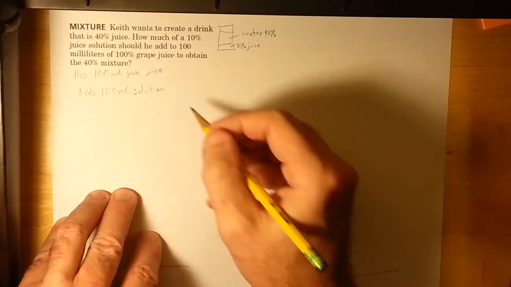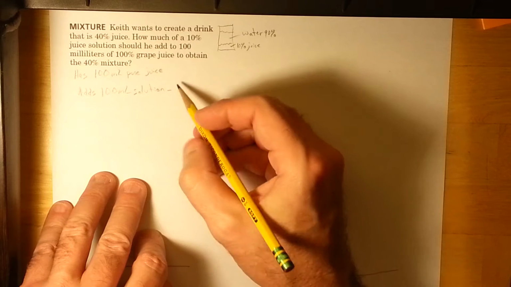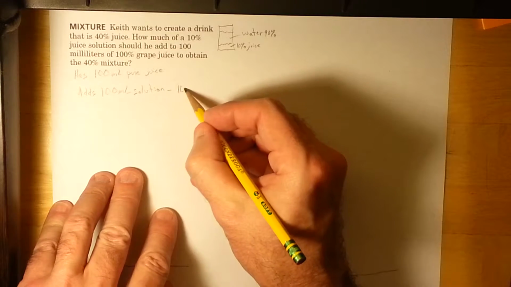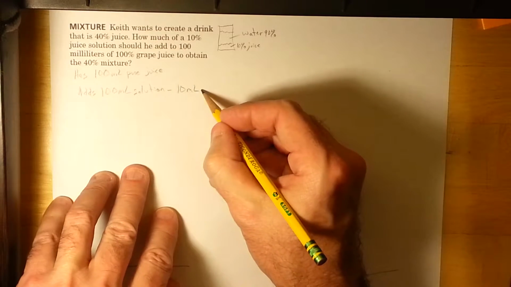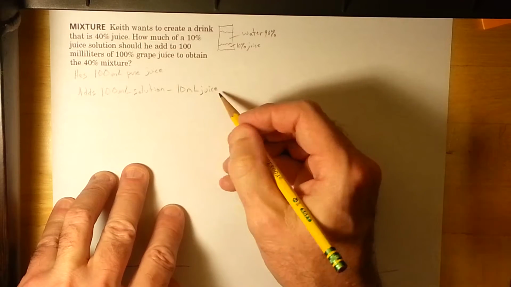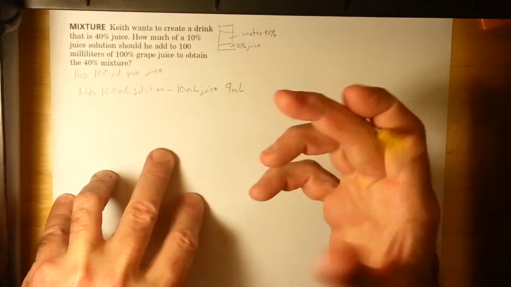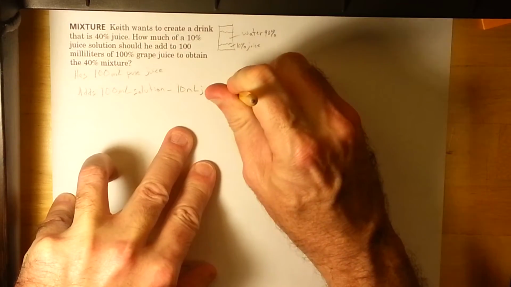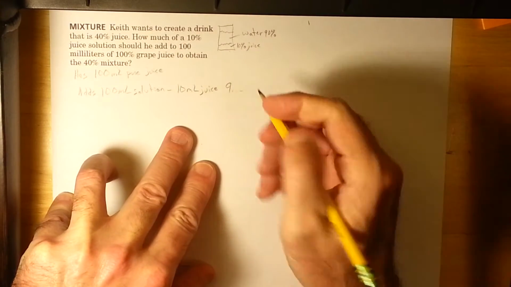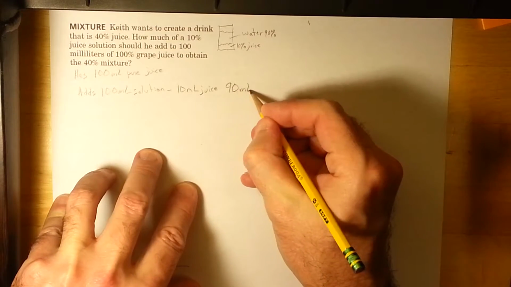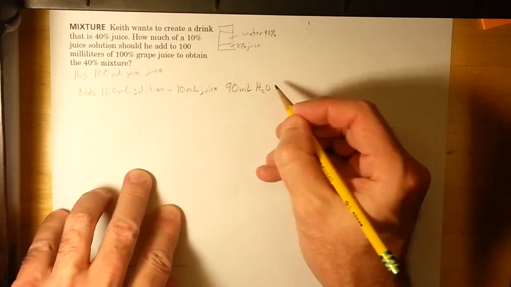He would be adding 10% of that, which is 10 milliliters of juice, and 90 milliliters of water. Oops, I wrote 9 instead of 90. Need a better eraser. We're just going to call it water.